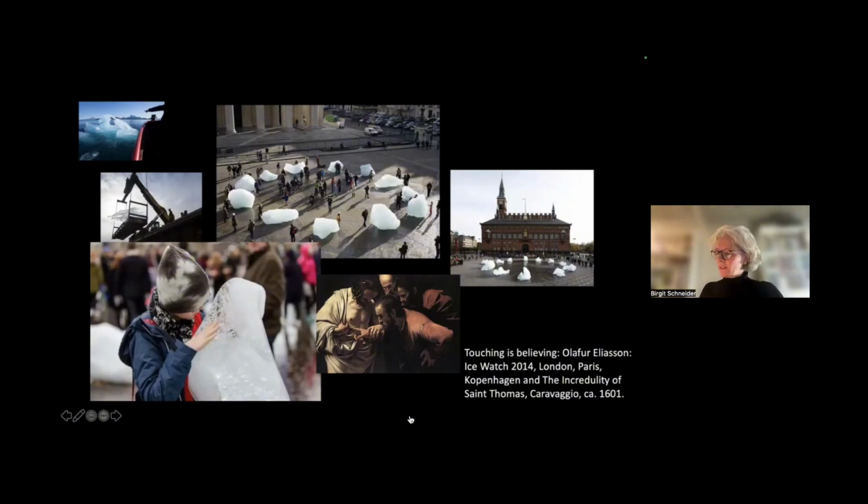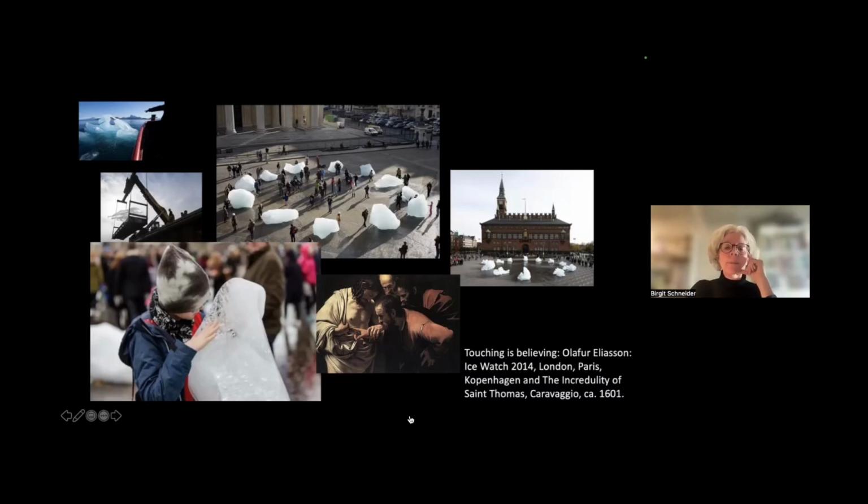And this is an interesting artwork also in terms of making an abstract, distant development concrete in experience and making it graspable, by bringing ice from distant locations, from the northern zones, to the temperate zones, so to say.